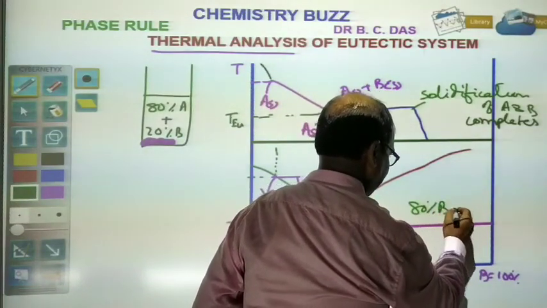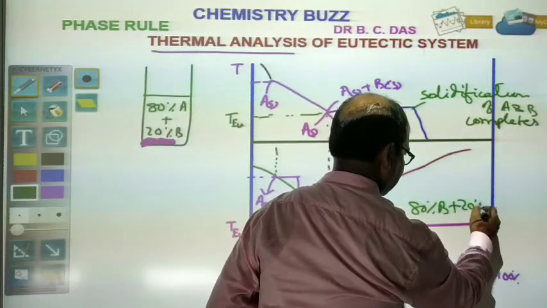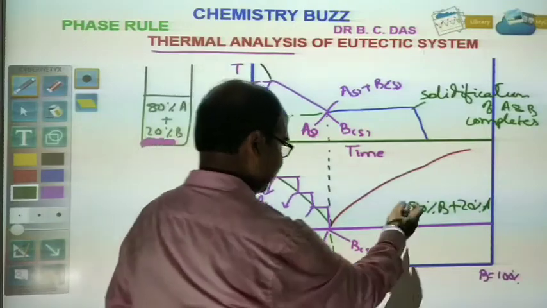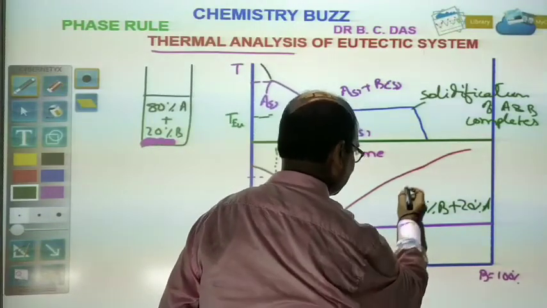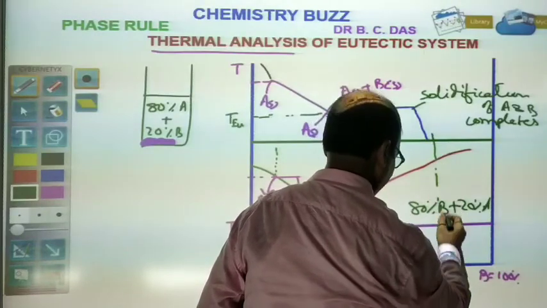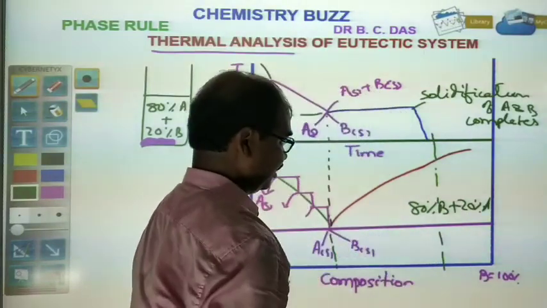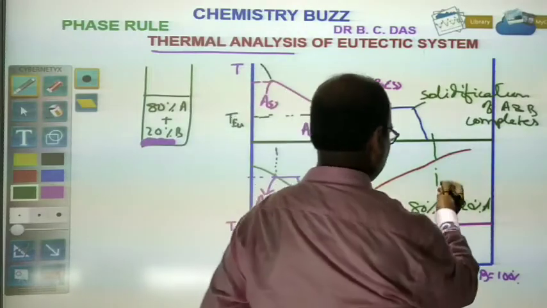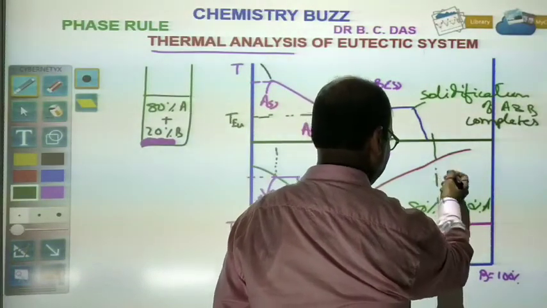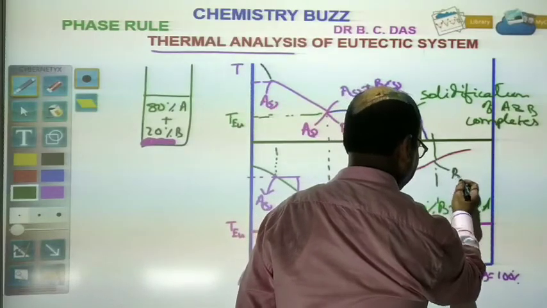After this composition, if you take 80% B plus 20% A in the container, then the solidification corresponds to this temperature and this composition, 80% B and 20% A. At this point the solidification of B starts.